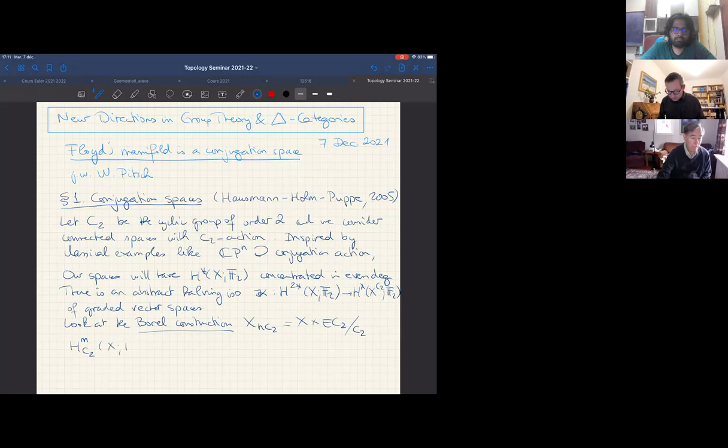We will use the notation for Borel cohomology with the H subscript C2, and by that we mean the cohomology of this Borel construction.